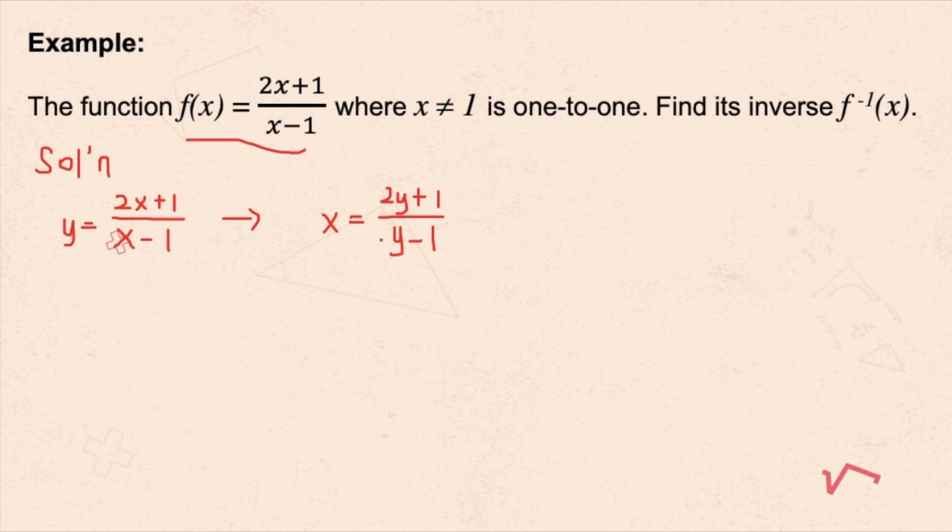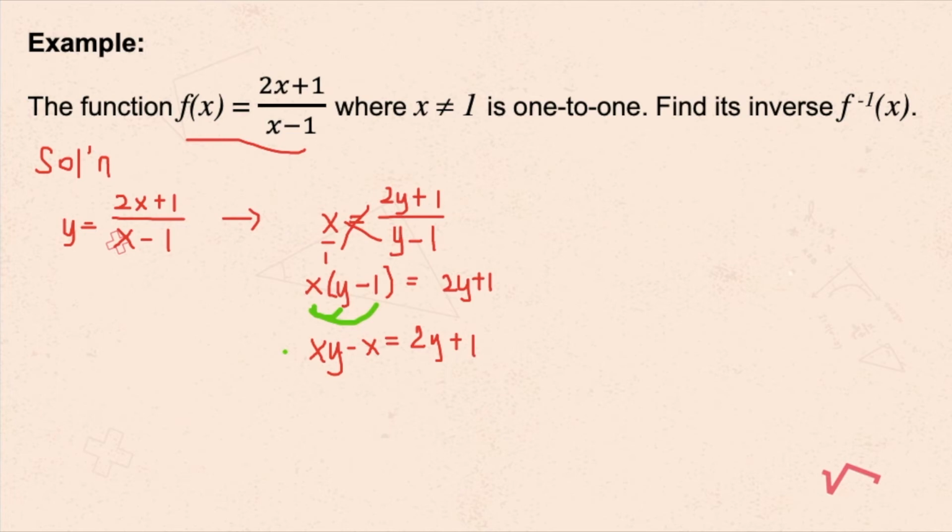So we have to cross multiply this. This will be x times the quantity of y minus 1 equals 2y plus 1. By distributive property, this will be xy minus x equals 2y plus 1.